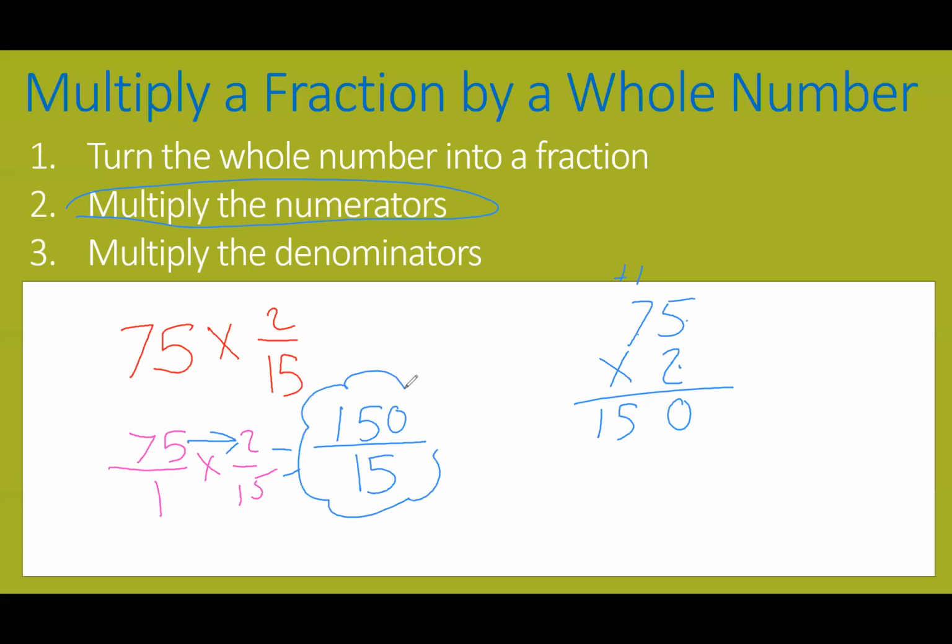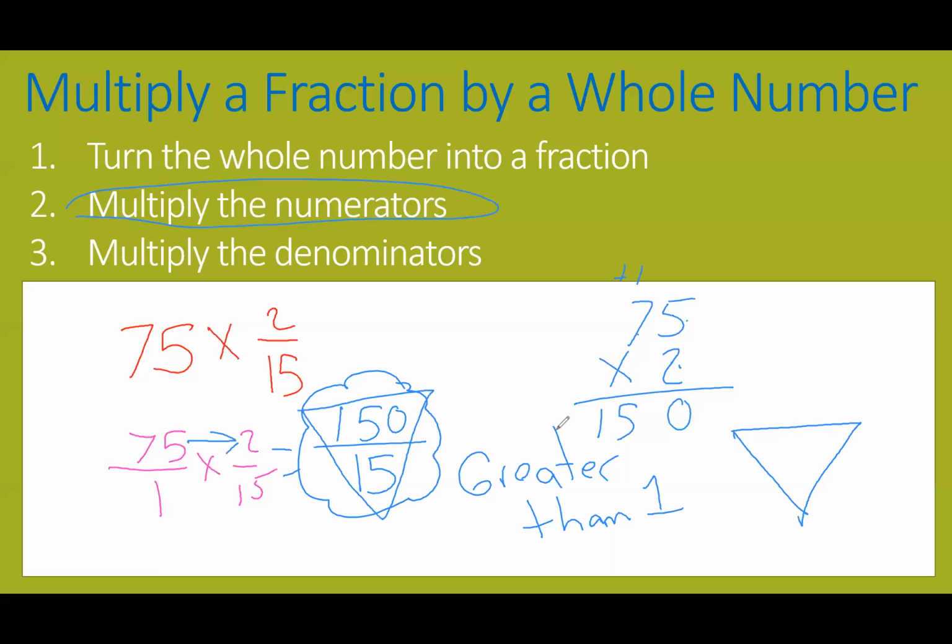Here's your answer. Now you'll notice that this fraction is greater than 1. And we can tell it's greater than 1 because the numerator is bigger than the denominator. 150 is a lot more than 15.